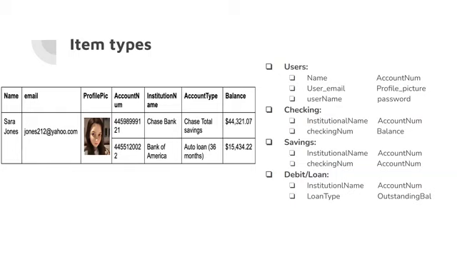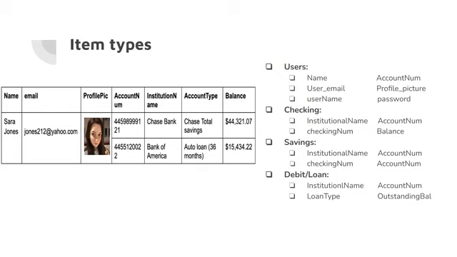Hi, I'm Gordon. This is the overview of the item types and their properties for each item type. For the user, we have name, user email and user name, account number, profile picture, and then password. And then the various accounts that a user might have include maybe the checking account.